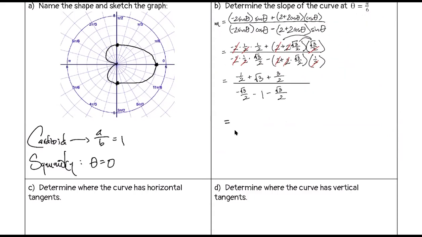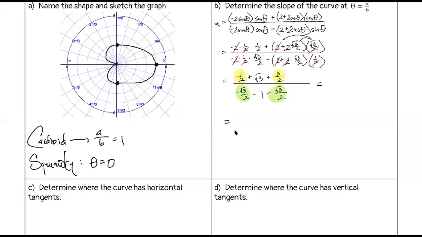All right. So I think it's probably best to kind of combine like terms before we start to think about making a common denominator. So what I mean by that is like this negative 1/2 and this 3/2 I could combine because they both have a denominator of 2. And then same thing on the bottom, I could say this one and this one I can combine into a single term, okay? So what does that get us?